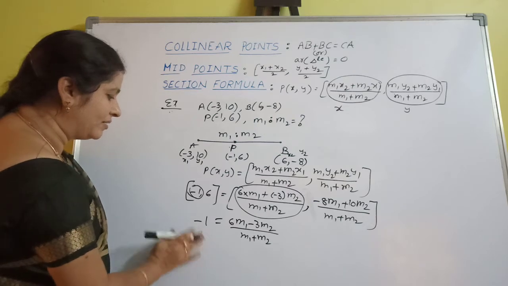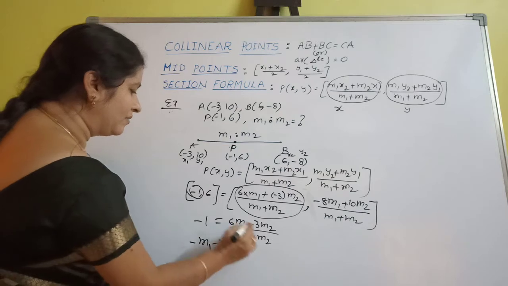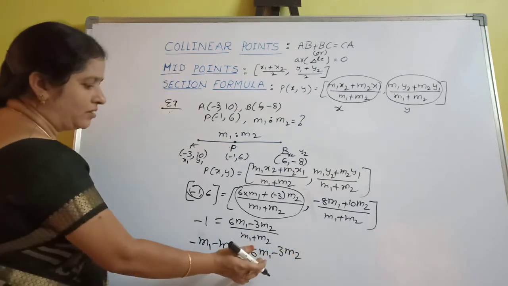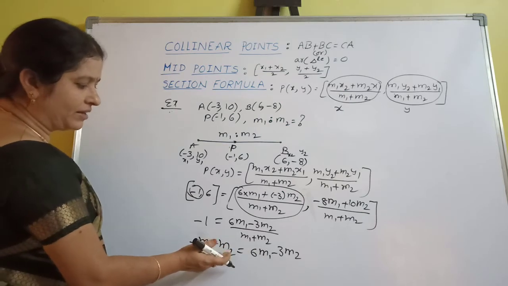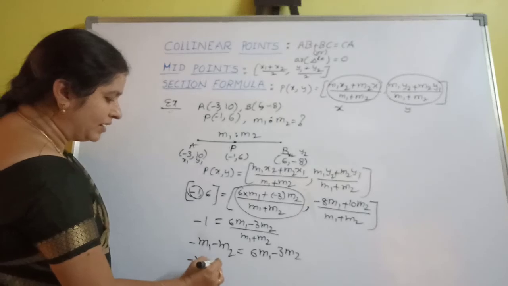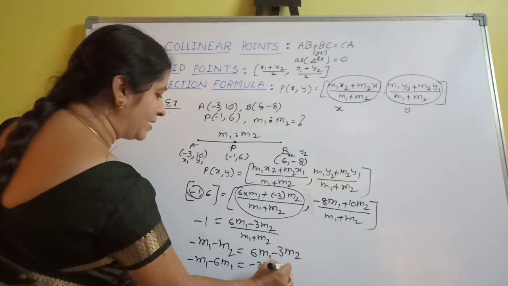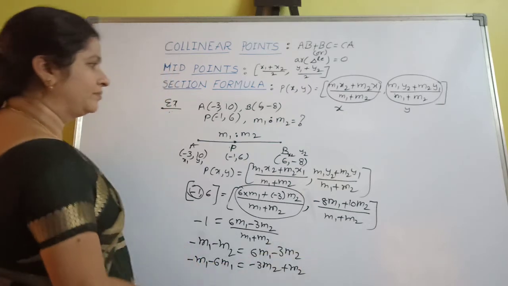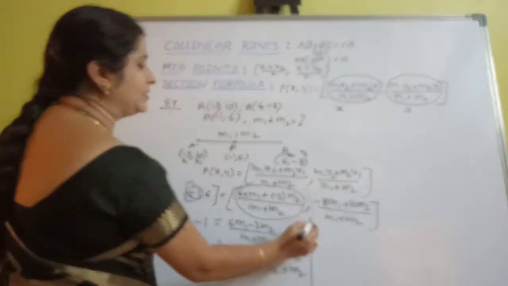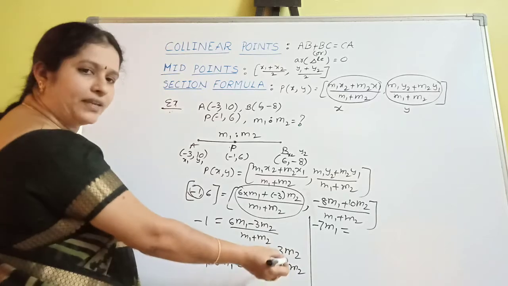So -m1 minus m2 equal to 6m1 minus 3m2. So 6m1, here two values are minus, so 6m1 comes to this side. Minus m1 minus 6m1 equal to minus 3m2 plus m2. Again do the simplification. Here minus 7m1 equal to minus 3m2 plus m2.